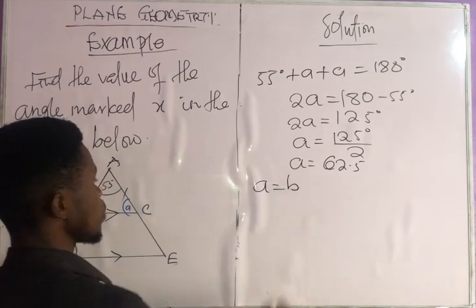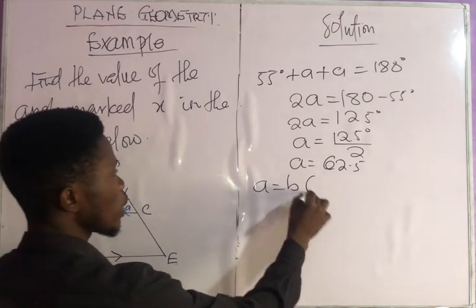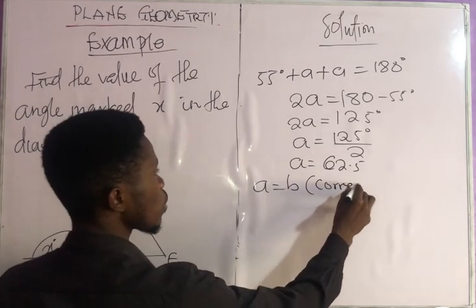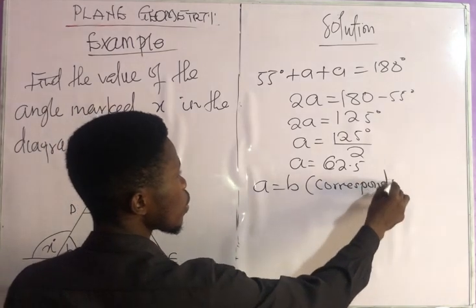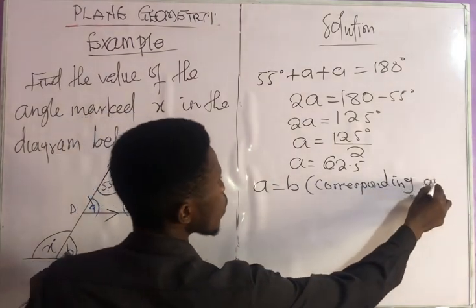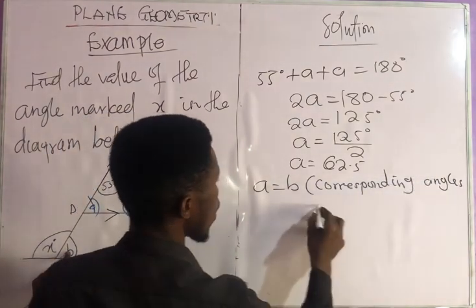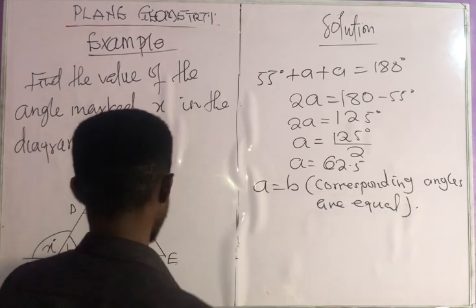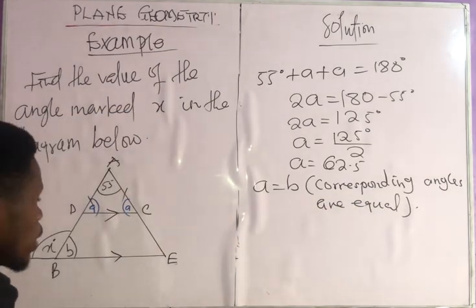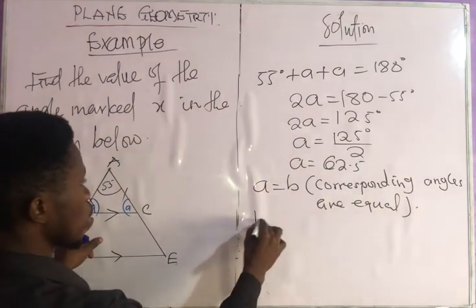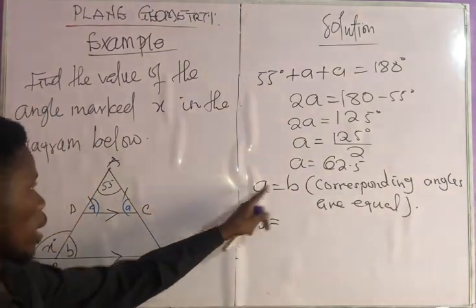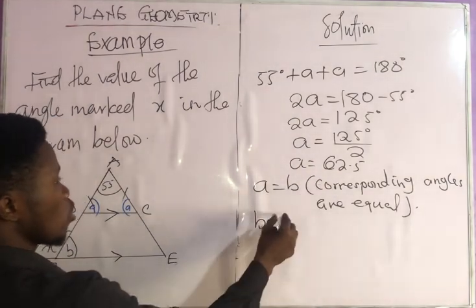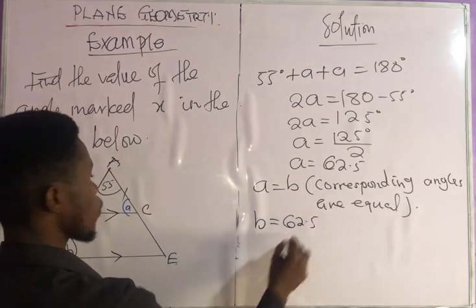A is equal to B. And the property is what? Corresponding angles are equal. Is that okay? So B is equal to A. And it means that already our A is 62.5. It means that B will also be 62.5.